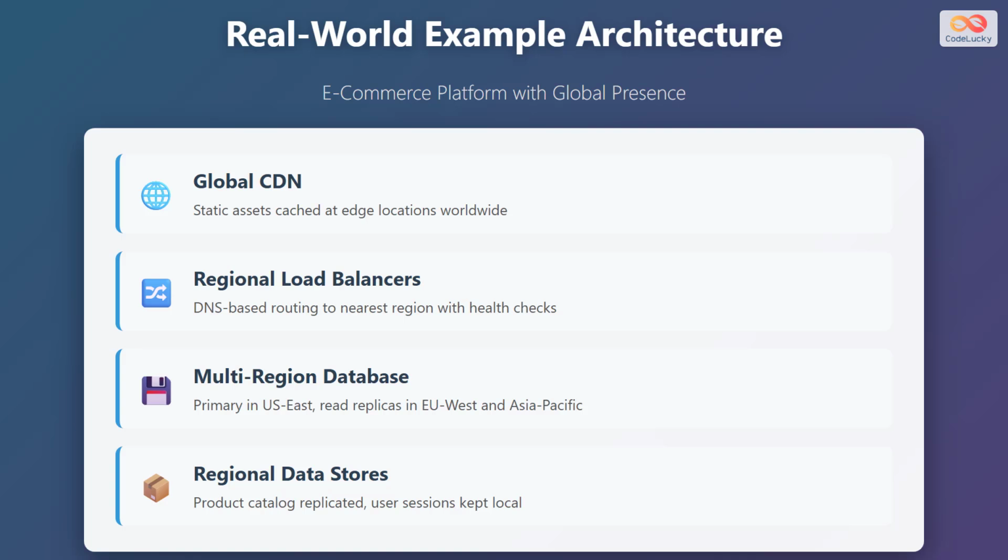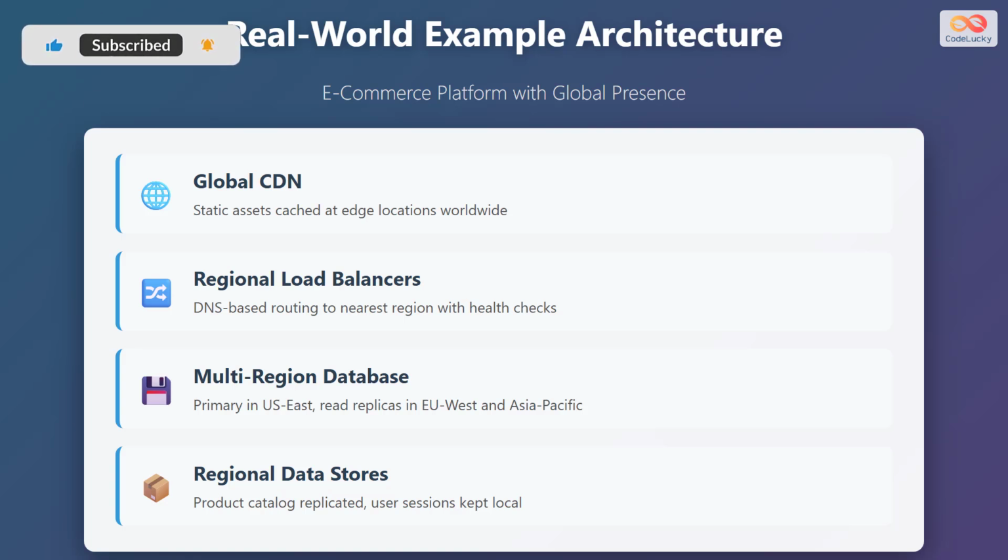Let's examine a real-world example, an e-commerce platform with global presence. At the edge, a global content delivery network caches static assets like images and scripts at locations worldwide for instant access. Regional load balancers use DNS-based routing to direct users to their nearest region while continuously performing health checks.